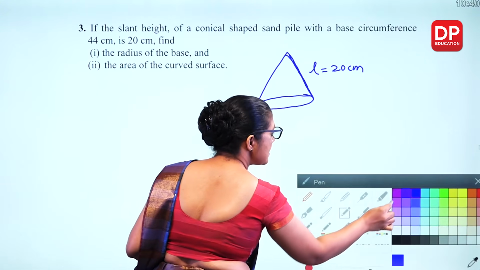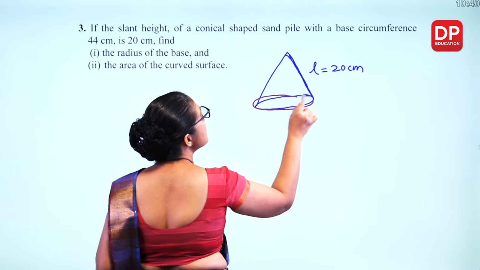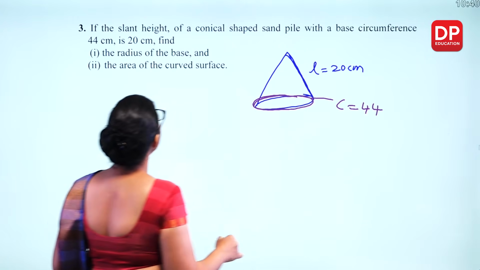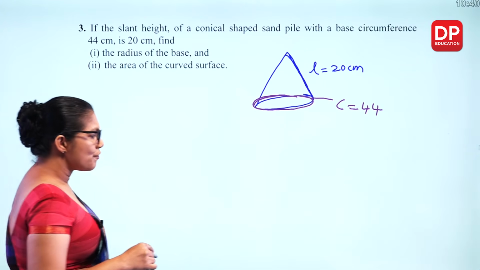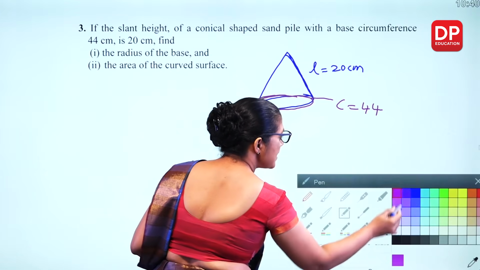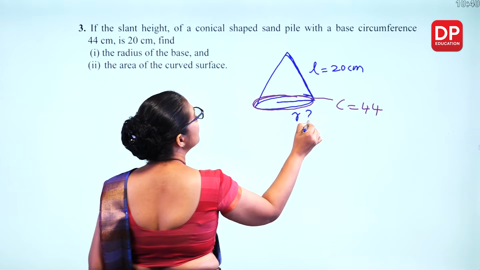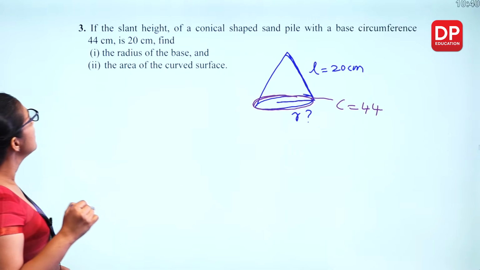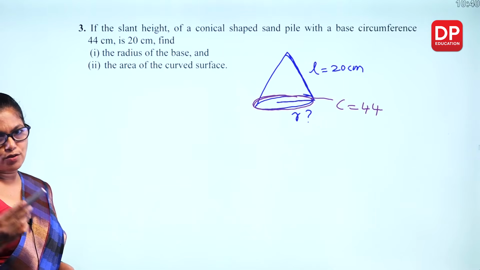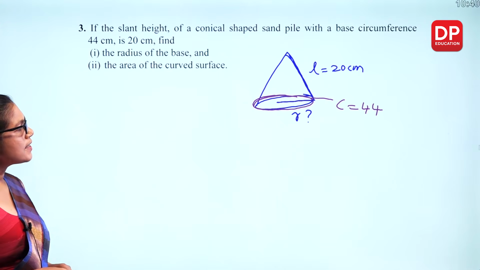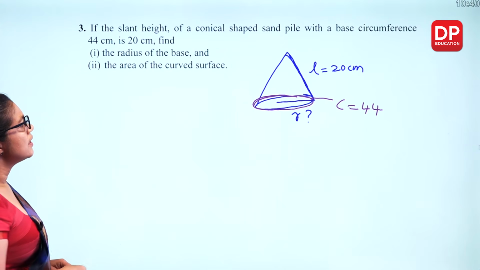So that means this length is given 44. And you are asked to find out the radius of the cone and then area of the curved surface. So area of the curved surface is pi r L. So first thing you need to find out r.